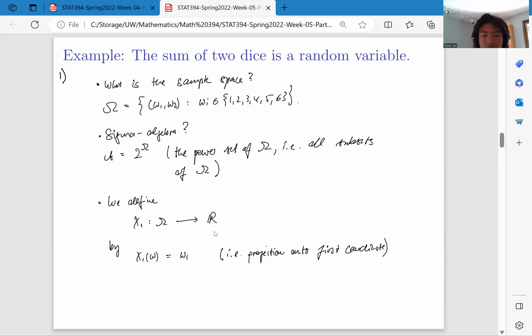So this is a measurable function, right? This is a measurable function, and we define X1, a new random variable from Ω to the real numbers, which means that X1 for any given outcome is equal to ω1.